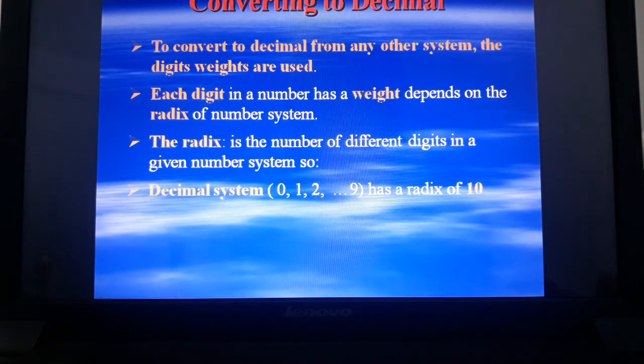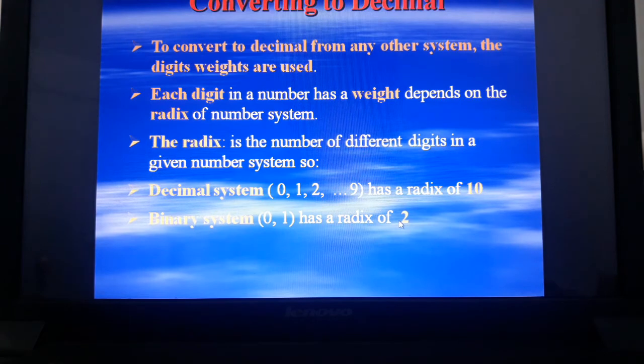So for the decimal system, which consists of 0, 1, 2 till 9, has a radix of 10 because the number of digits is 10. The binary system has only two digits, 0 and 1.